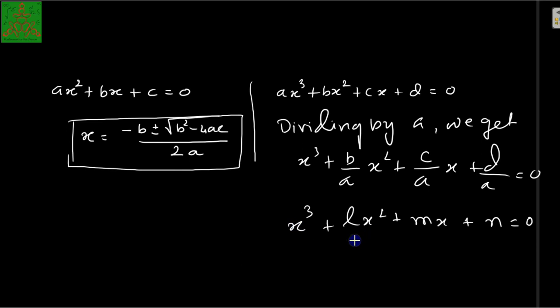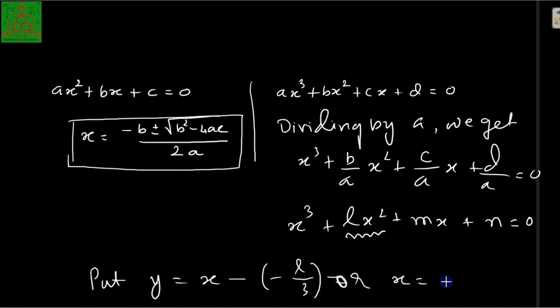Now in the next step, we have to eliminate the coefficient of x square, or I want to remove the x square term from this cubic polynomial. So for that I am substituting y equal to x plus l by 3, which is the same as x is equal to y minus l by 3. So in place of x, I substitute a new variable, that is y minus l by 3.